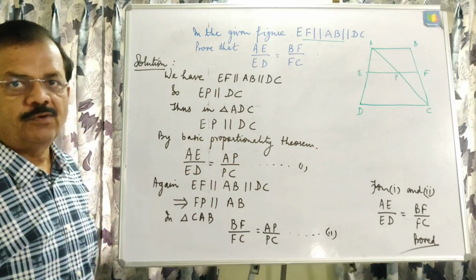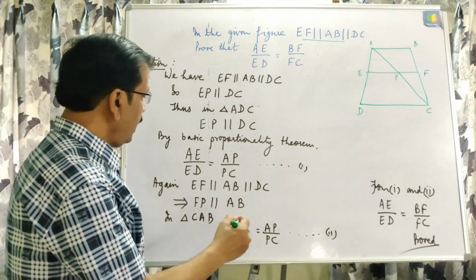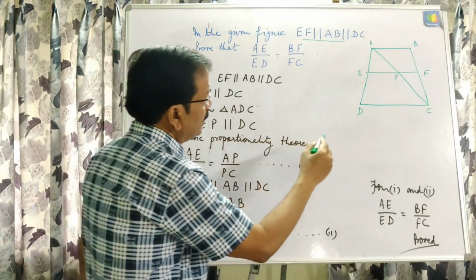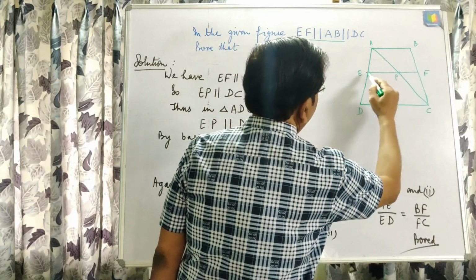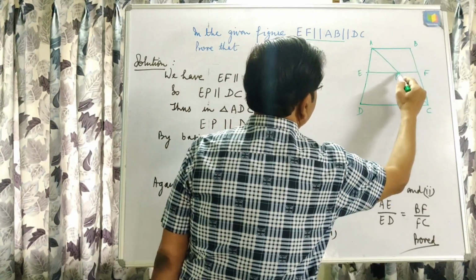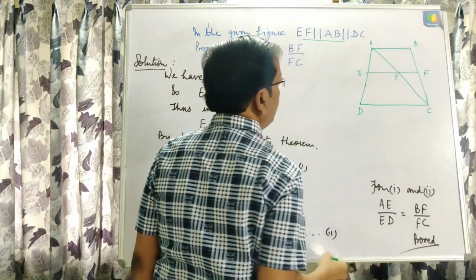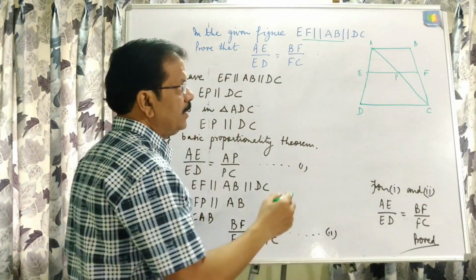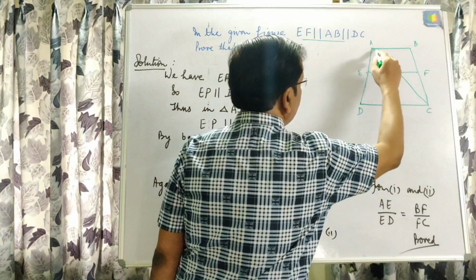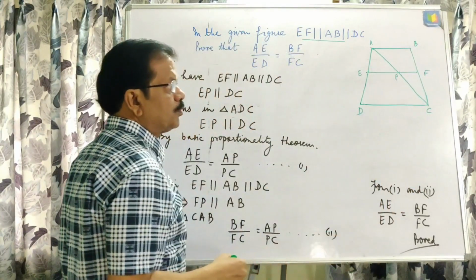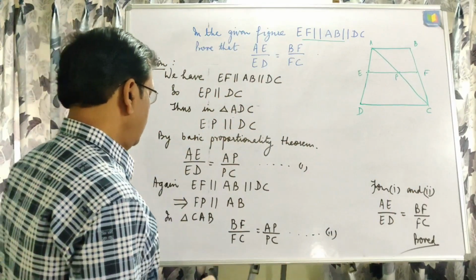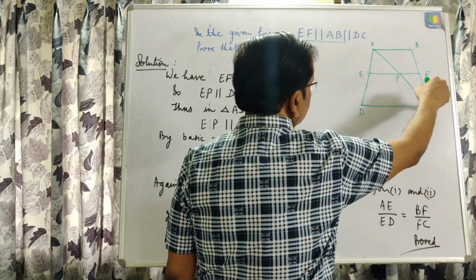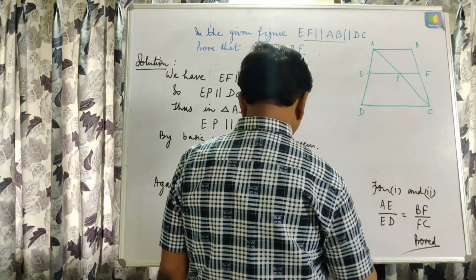First equation. Now again here we are given EF is parallel to AB, meaning PF is parallel to AB, and so again we can apply in this triangle CAB the basic proportionality theorem, that is BF upon FC is equal to AP upon PC.